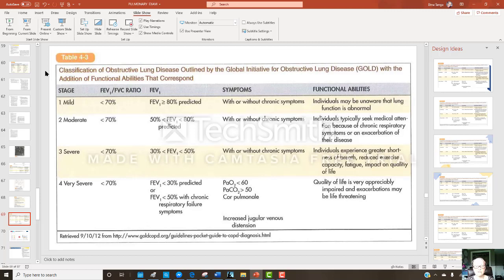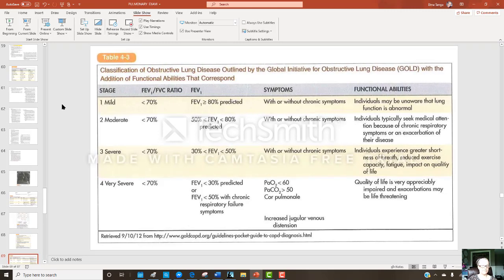With or without chronic symptoms, individuals typically seek medical attention because of chronic respiratory symptoms or an exacerbation of their disease. Severe, I'm going to look for a video to help me understand.